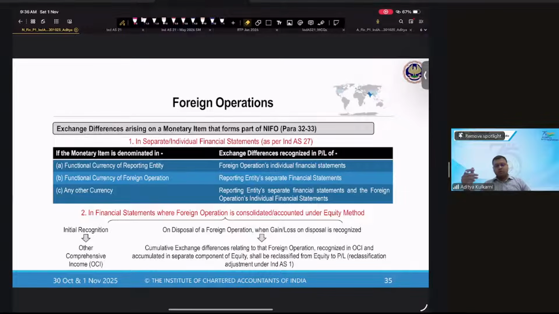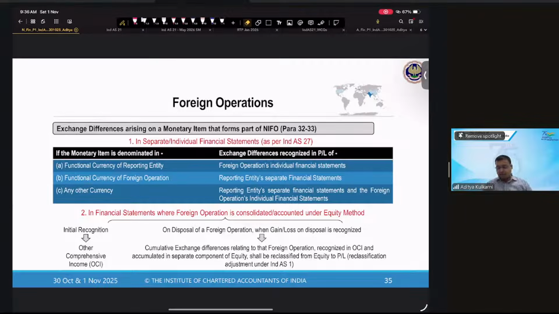But consolidation is a document prepared for reporting purposes only, and for that purpose, treating it as a NIFO and moving that gain to FCTR makes correct sense. I hope I have been able to explain satisfactorily.